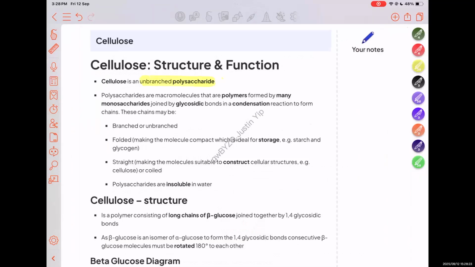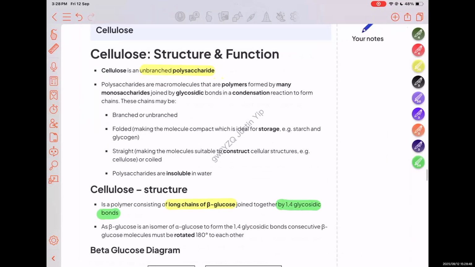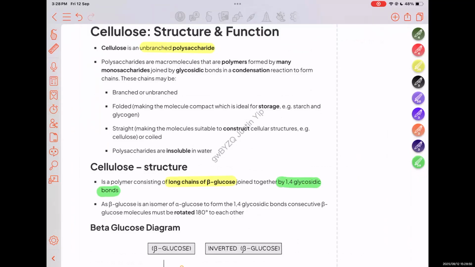Unbranched polysaccharide means they don't have any branches, they are also a straight chain, but they are formed by a long chain of beta glucose joined together by 1,4 glycosidic bonds.